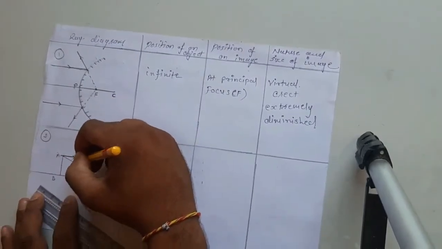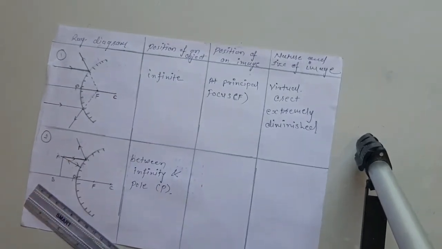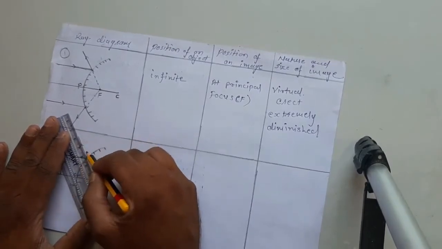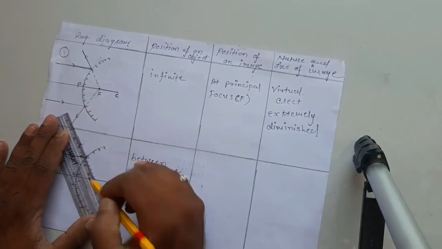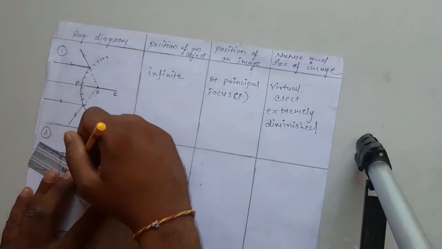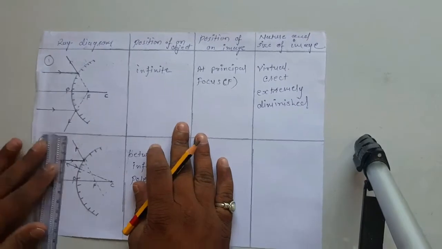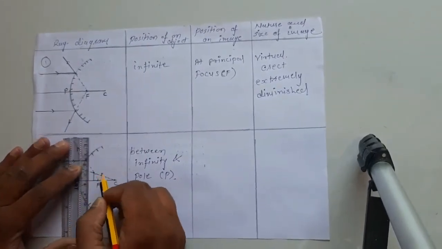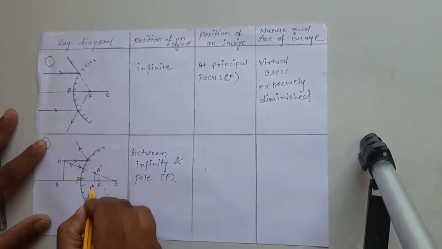Now when we extend these light rays backward, this parallel light ray will pass from F, and the one which passes from C reflects back in the same direction. As I extend them backward, these two rays intersect here, so we will get an image A dash B dash.